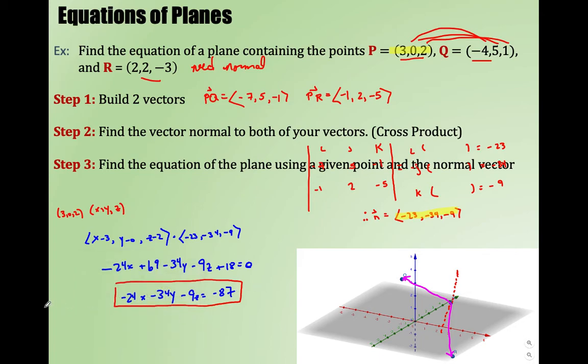I don't think there's any common factors here, but you could see this written as positive 24x, positive 34y, positive 9z, and positive 87. Right? Again, you are not responsible for that. I just need you to recognize if anybody writes it that way to you or it's in multiple choice. All right? Okay, check. That was another objective.